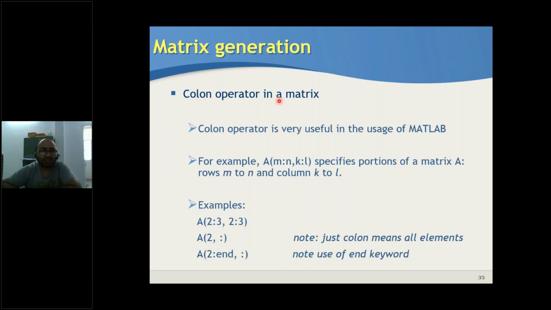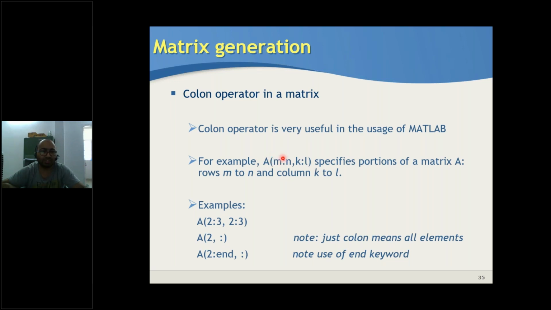So next is the colon operator in a matrix. The colon operator is very useful in the usage of MATLAB. For example, A(m:n, k:l) specifies a portion of a matrix A, rows m to n and columns k to l. So suppose you want to extract a particular section of a matrix, then you can give this instruction.